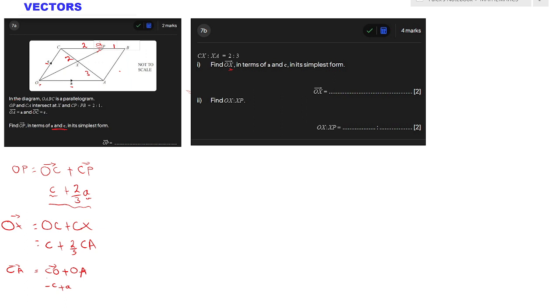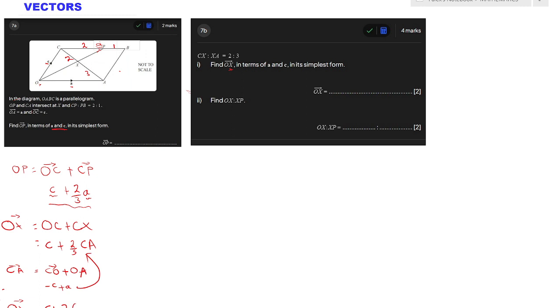Now we come and replace it on CX. This is our CX here. We're now replacing it here. Therefore, we can say that our vector OX can be calculated by C plus 2/5 of the vector CA.